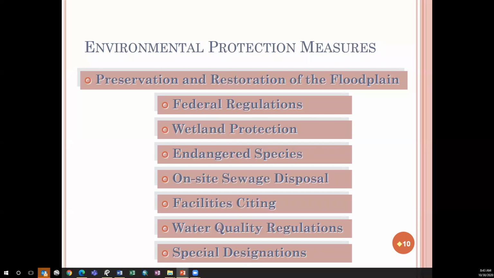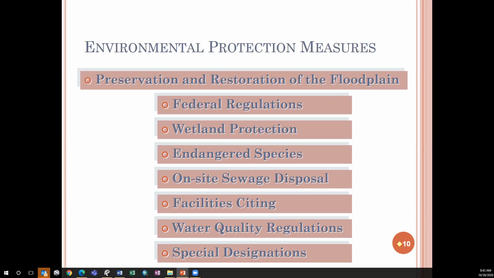Environmental protection measures can also be adopted. There's federal regulations, the various items there you see, on-site sewage disposal in rural areas. What are your regulations going to be for septic fields in the floodplain?